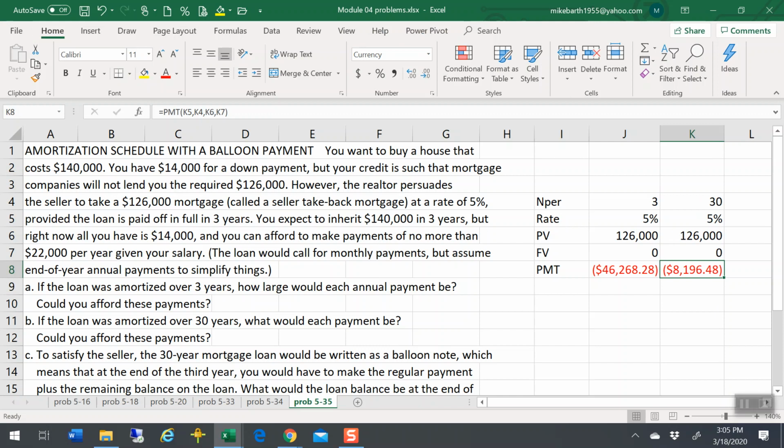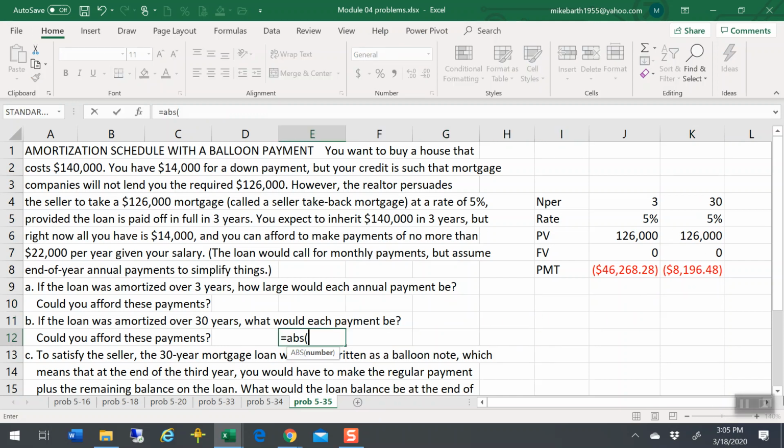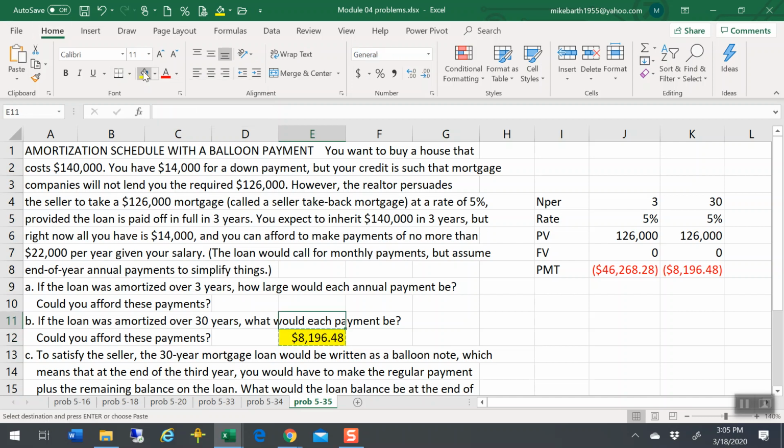So I could afford the payments if it was a 30-year loan, because those payments are $8,000 a year. Make it look pretty, currency, but I can't afford the payments if they're going to come once a year for 3 years.